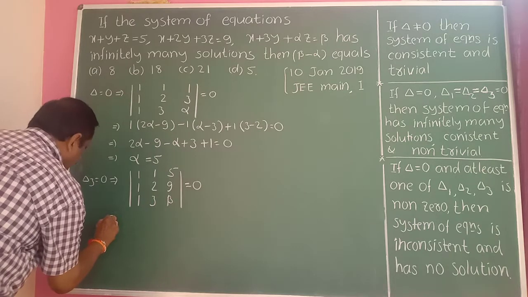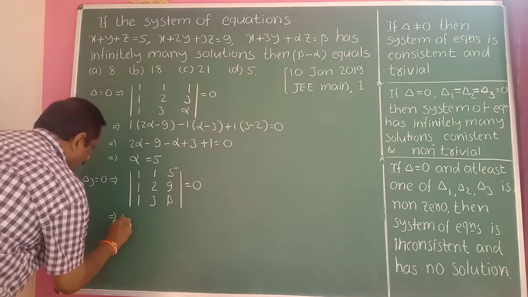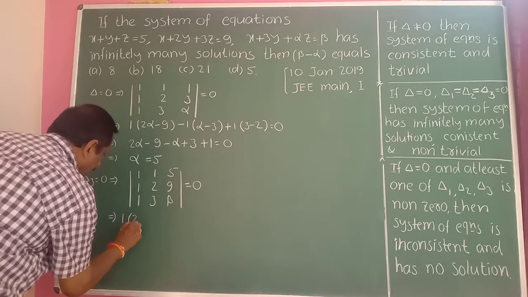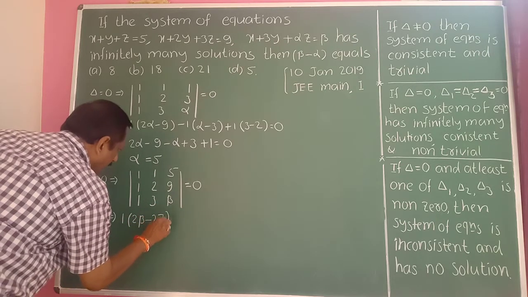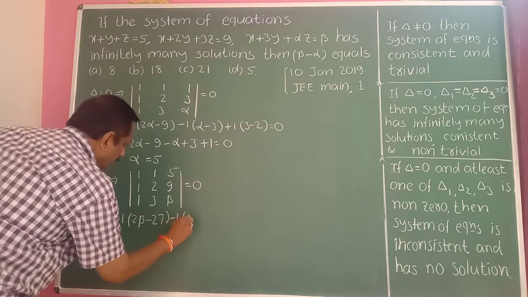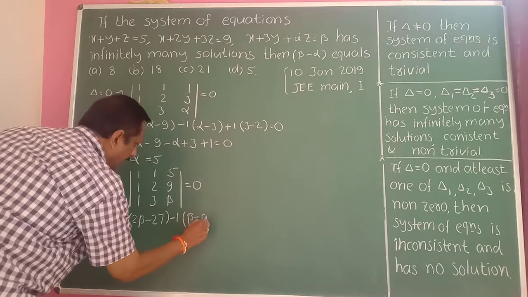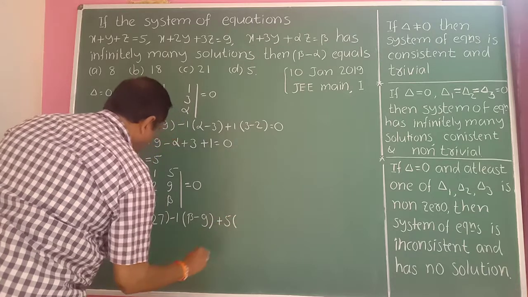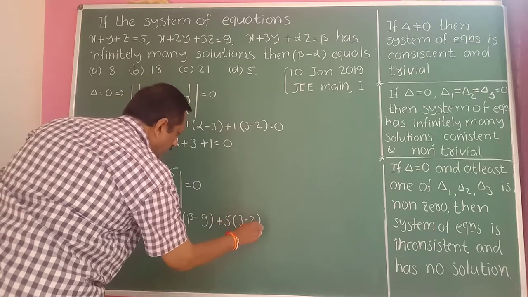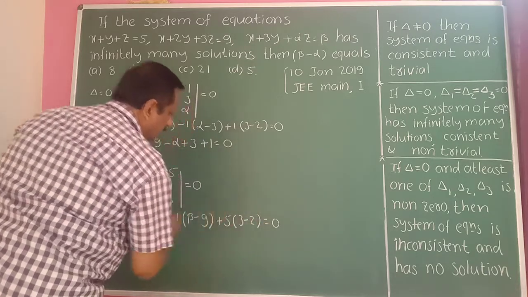Therefore this implies 1 into bracket 2 into beta becomes 2 beta, minus 9 3s are 27, minus 1 into beta minus 9, then plus 5 into bracket 3 minus 2, that is equal to 0.